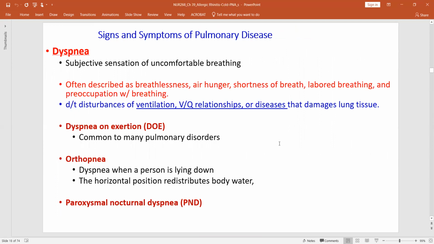As we look at dyspnea, often dyspnea is described as breathlessness, air hunger, or shortness of breath. We always call it that when the patient is dyspneic, because they have SOB or shortness of breath. Dyspnea on exertion is common to many pulmonary disorders. I'm trying to cover all the signs and symptoms of most of these pulmonary diseases.